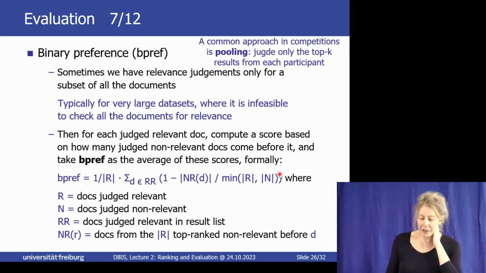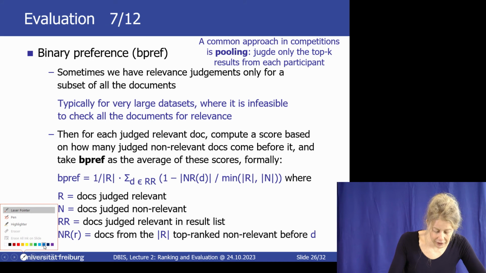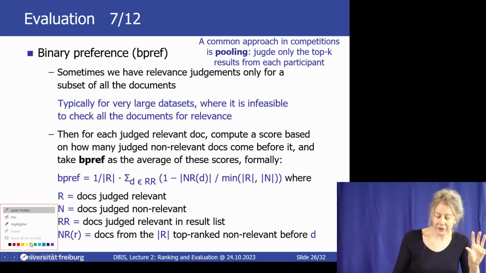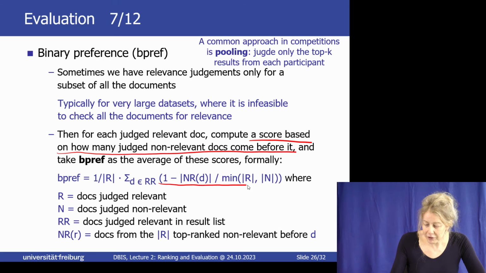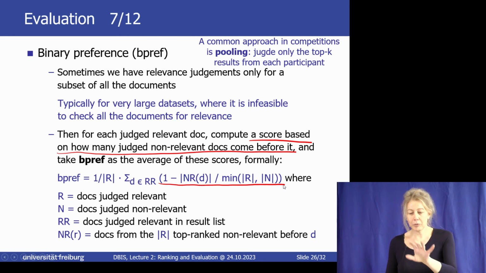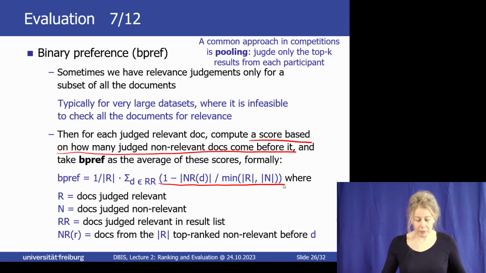So actually what you have here, and now you can understand also what I wrote here. But that's the typical way to understand something: an example, try to understand the example, then go back to the abstract. A score based on how many judged non-relevant come before it. That's this part, right? For each relevant document, we compute a score based on how many non-relevant ones come before it.